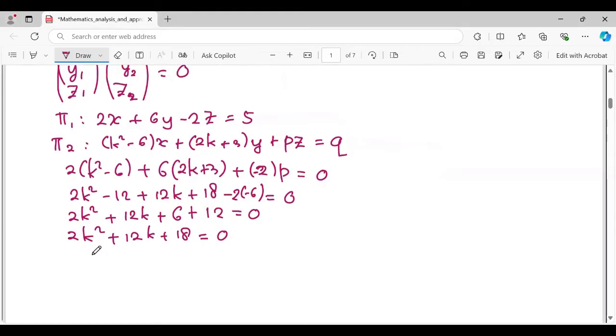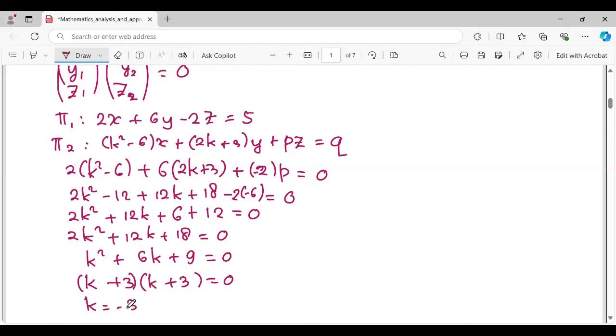Divided by 2, k squared plus 6k plus 9 equals 0. After that, factorize because we're going to find k. (k plus 3)(k plus 3), k equals minus 3.